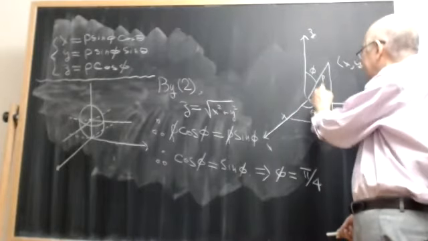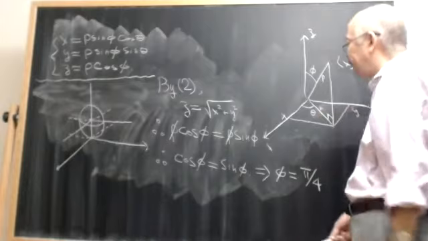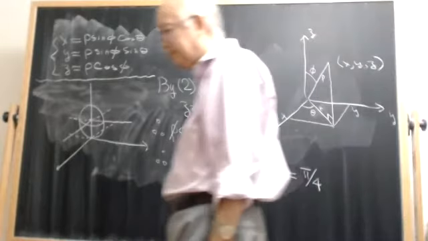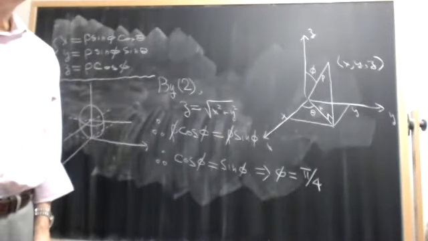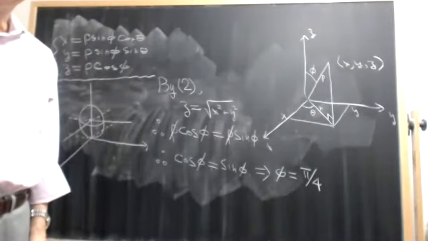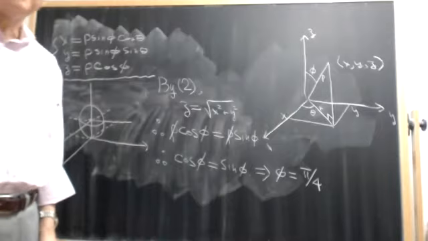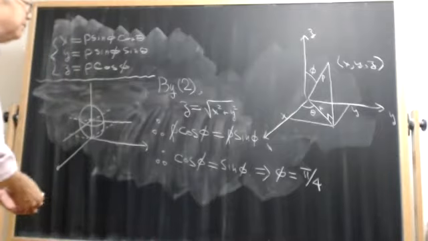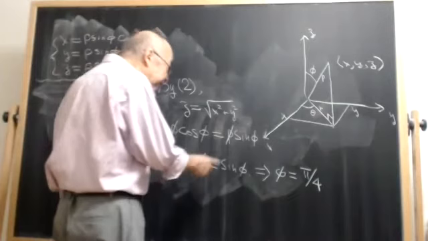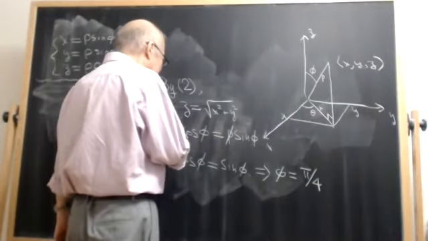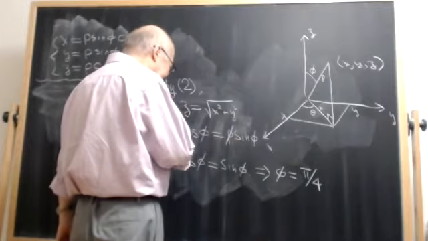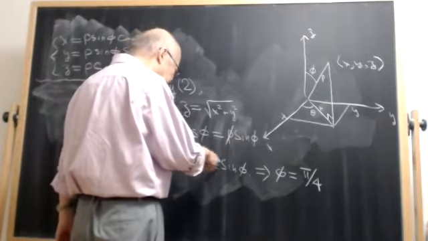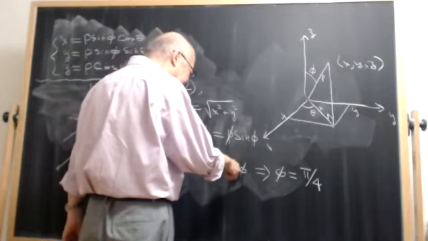So R is rho sine phi. Is it clear? And from this, rho cosine phi is rho sine phi, and then I cancel the rho, getting cosine phi equal to sine of phi.